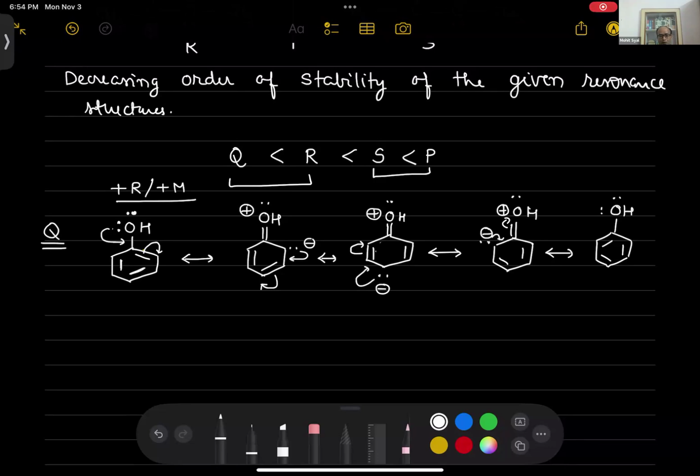And what inductive effect is this OH group exerting? It's permanently taking a bond. It is pulling the bonded electrons towards itself, trying to pull this bonded electron towards itself, but this is the minus I effect, okay?